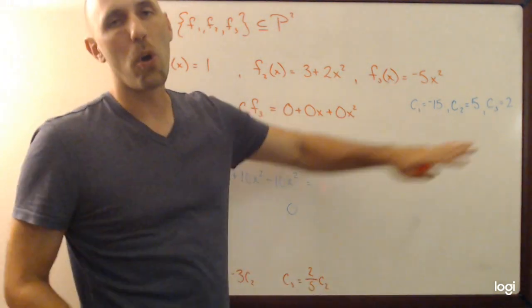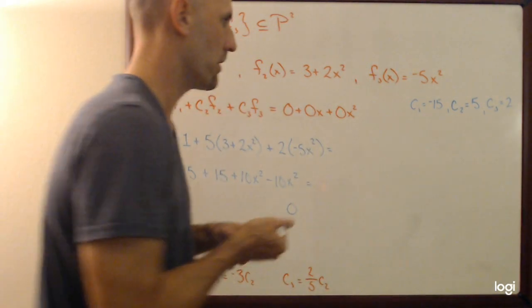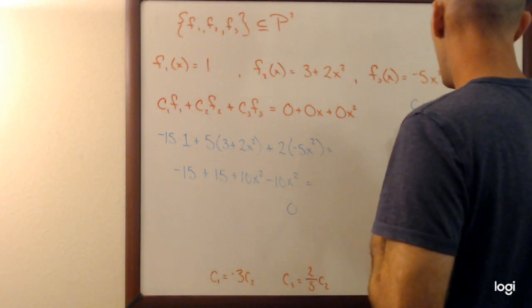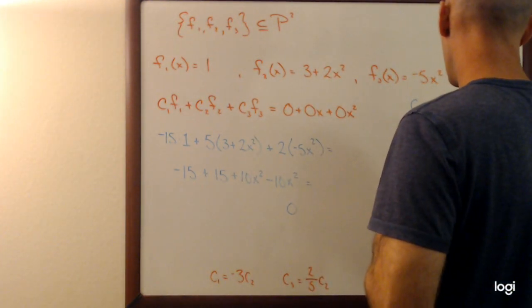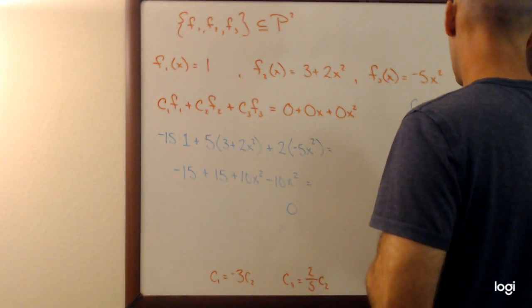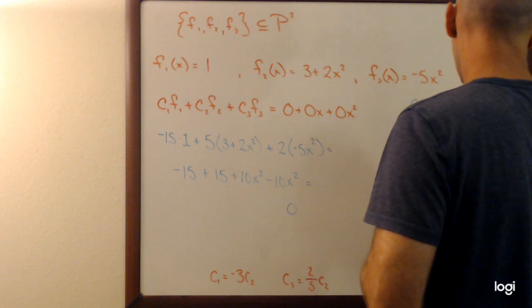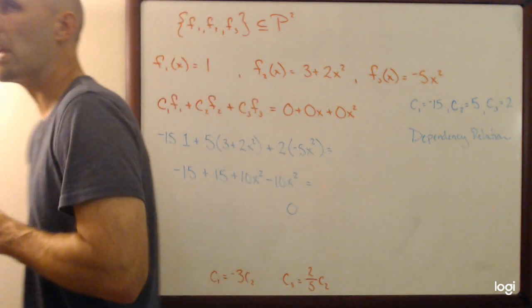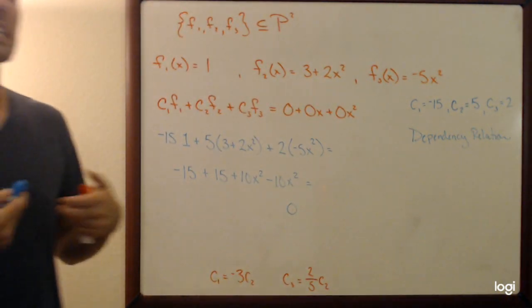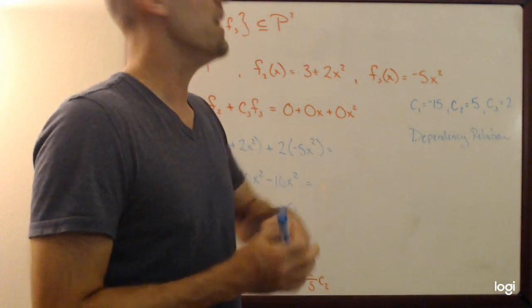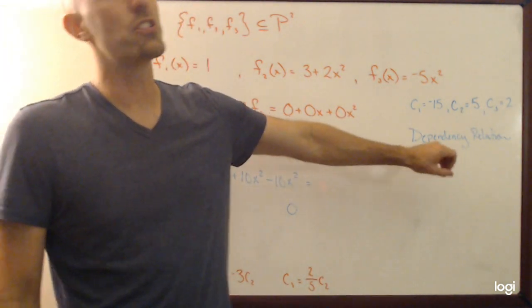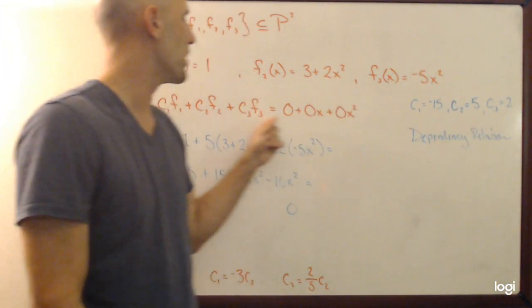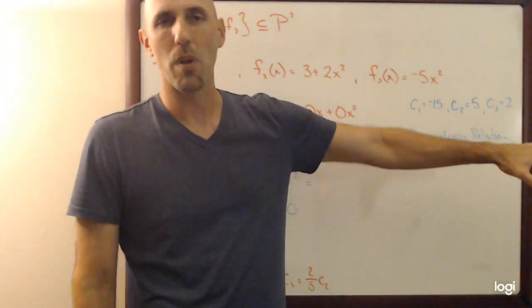This is called a dependency relation, okay? Now, if I want to demonstrate that a collection of vectors is linearly dependent, this is all I really need, right? I just need some solution for this equation here that's not all zeros. So this would have worked.